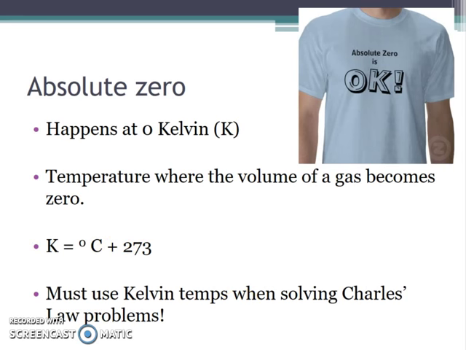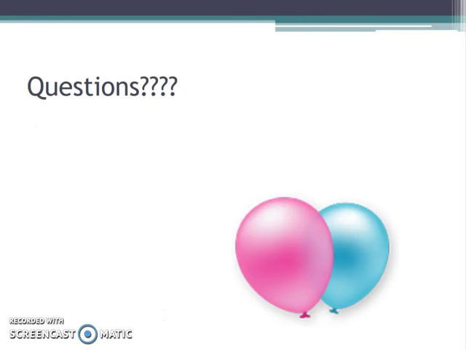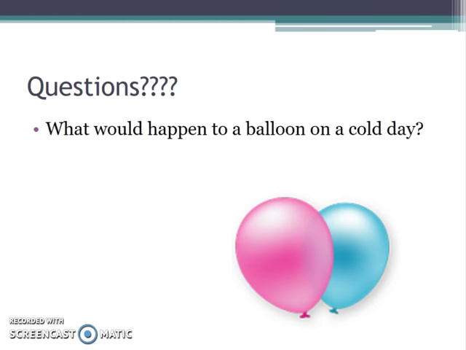Okay, so we're going to spend a second here going through a few questions on the bottom of your note sheet. My first question, if we're talking about temperature and we're talking about volume, what would happen to a balloon on a cold day? Go back to that direct relationship that you wrote down at the beginning to answer that question.